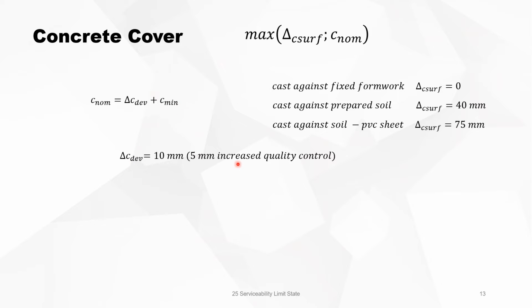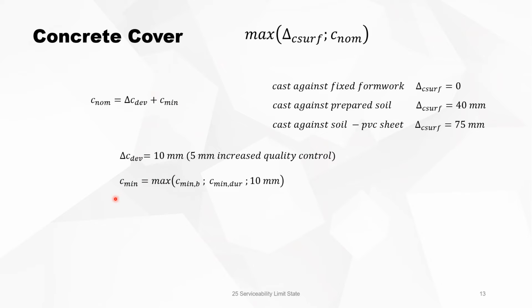But if you have an increased quality control, it means that when you are really rejecting all elements that do not fulfill the required concrete cover and you reject those elements, then you can use as delta C dev 5 millimeter. But you must have an increased quality control.